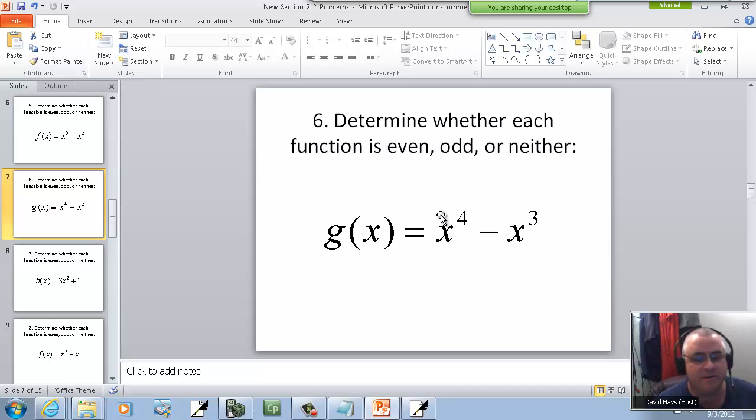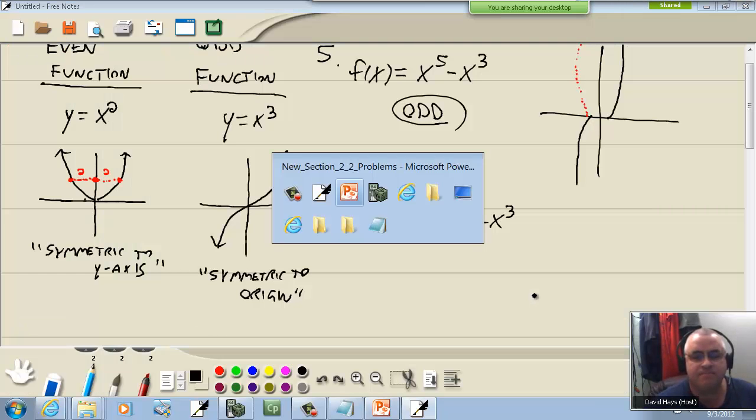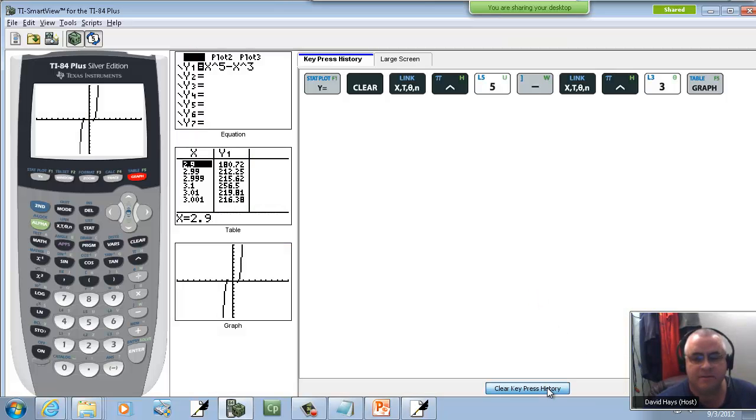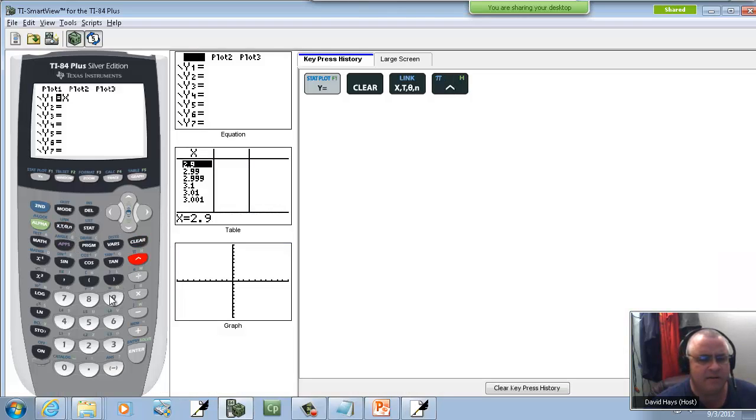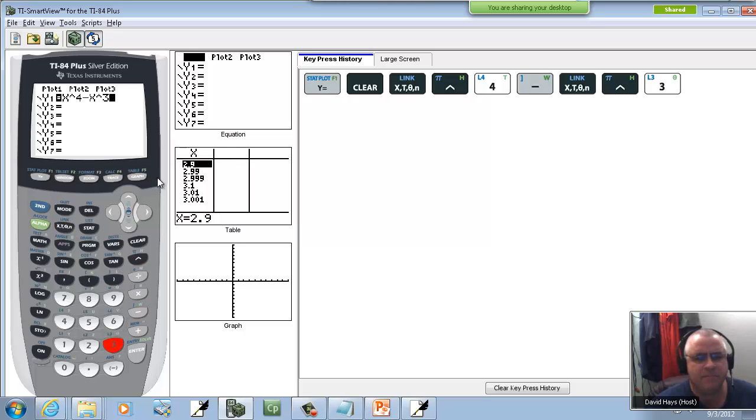And again, instructions are to determine whether it's even, odd, or neither. So let's graph this. So press y equals, press clear, x to the fourth, so x caret 4 minus x caret 3, and then graph.